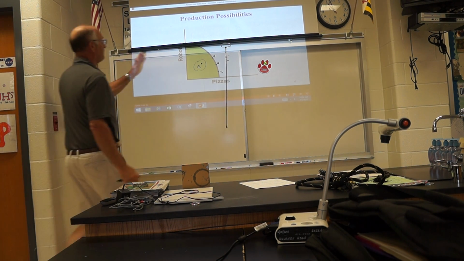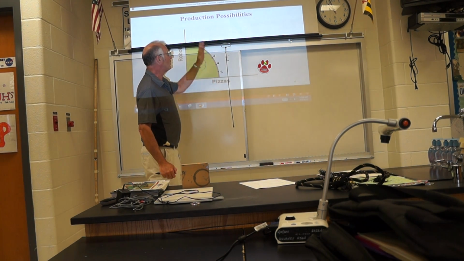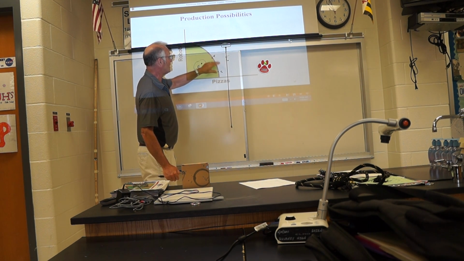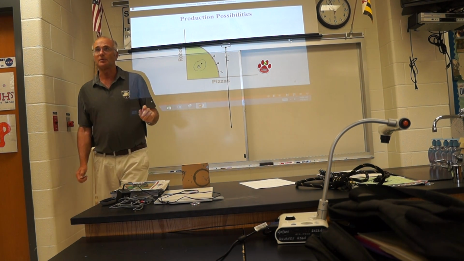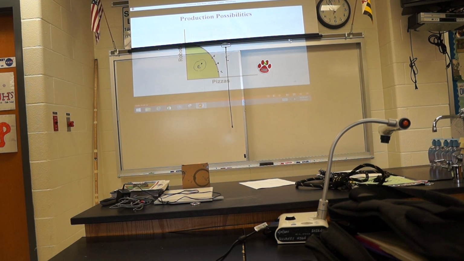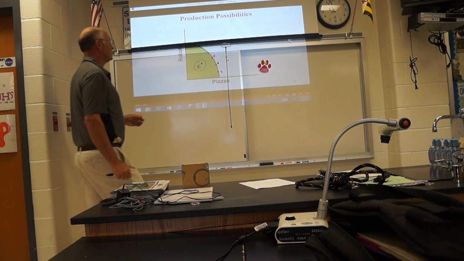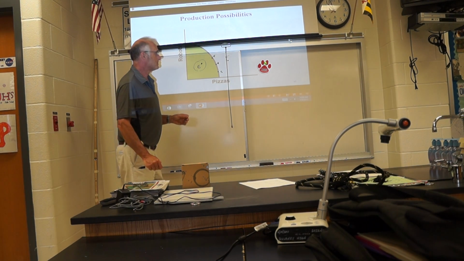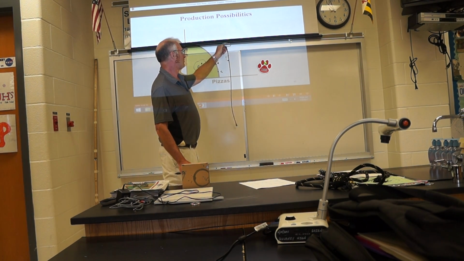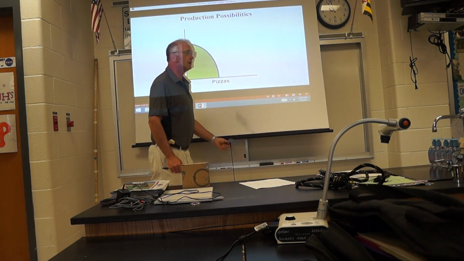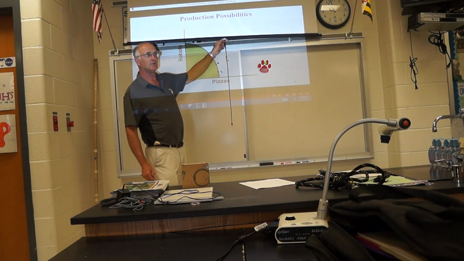So the number of people, the quality of the people, the technology, if it all stays the same, F is unattainable. It only can be attained with a change in the resources. Are we good on that before I close it down?